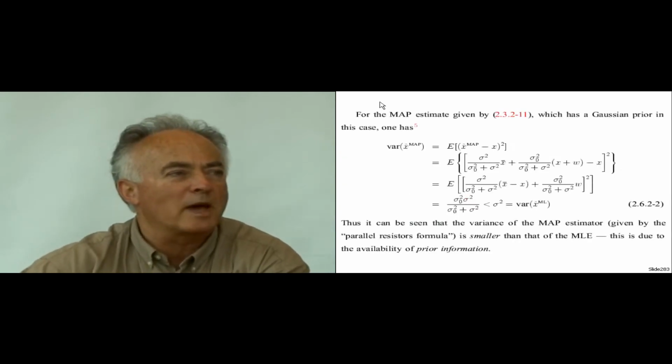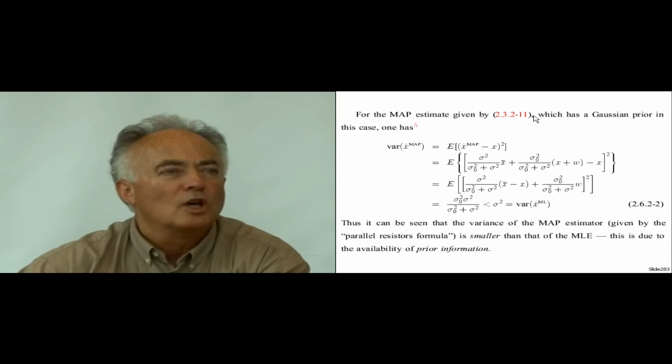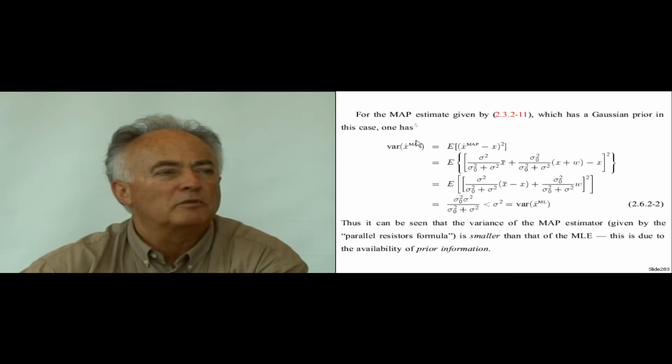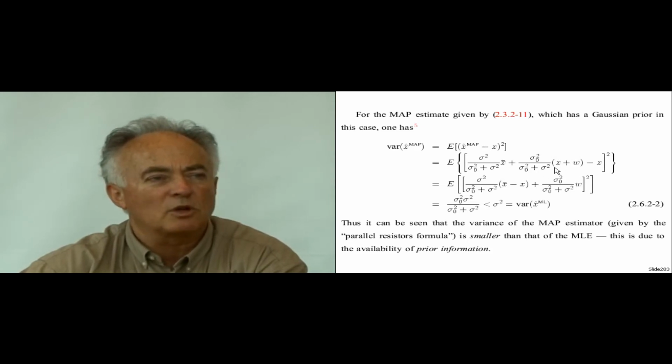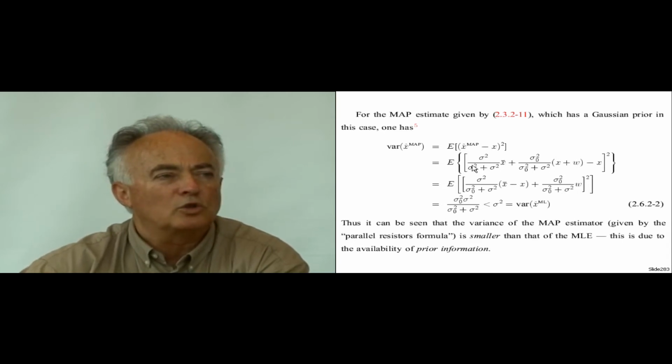Now the MAP, the maximum a posteriori, where we used a Gaussian prior, if you remember, was a weighted combination between the prior mean and the observation. And we are writing now the observation z explicitly as x plus w. And these are the two weighting coefficients which sum up to 1, minus the true value, which is denoted by x here.